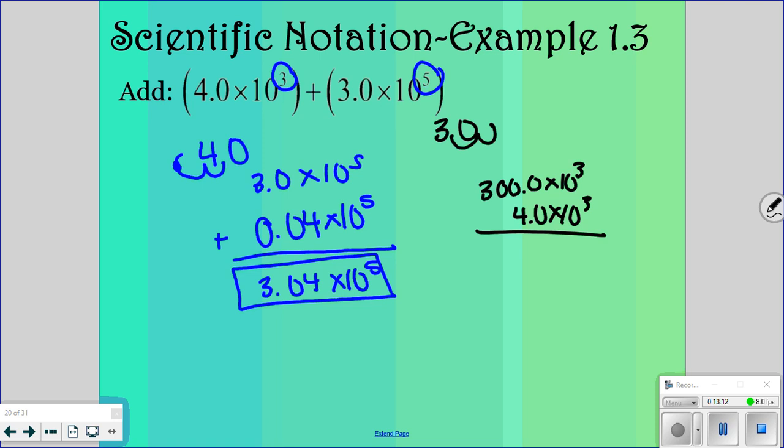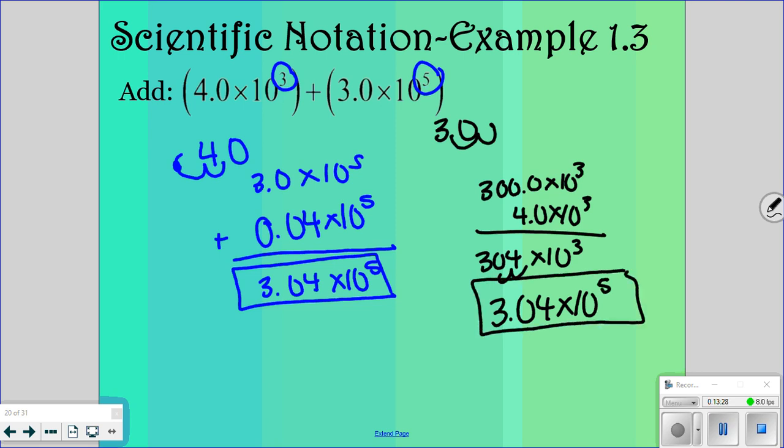And so when you add those, you get 304 times 10 to the 3rd, which isn't in scientific notation. We have to move it 2 places to the left. So 3.04 times 10 to the 5th. You get the same answer that way.